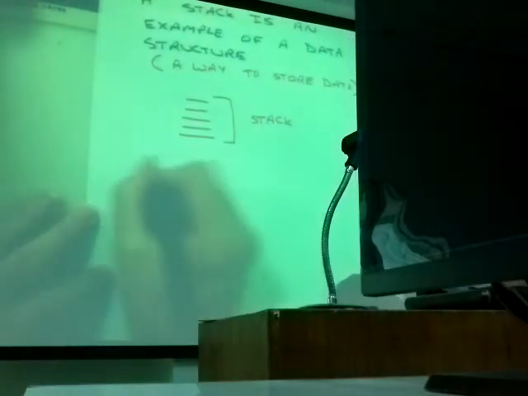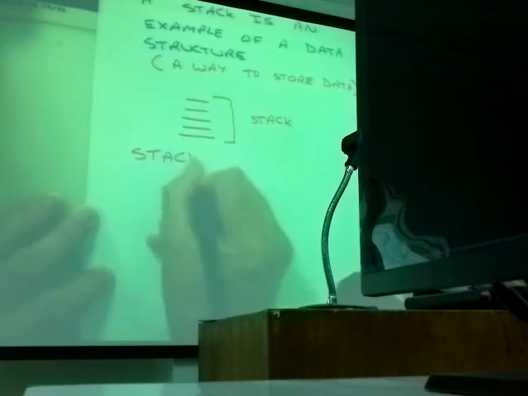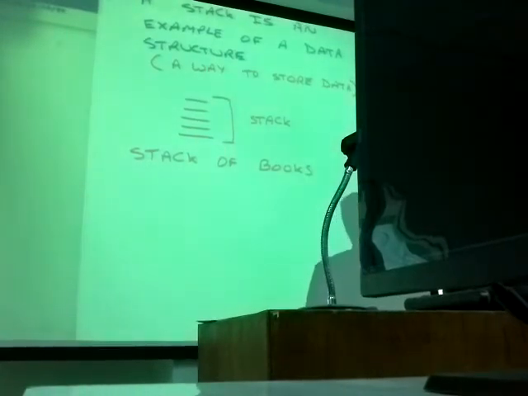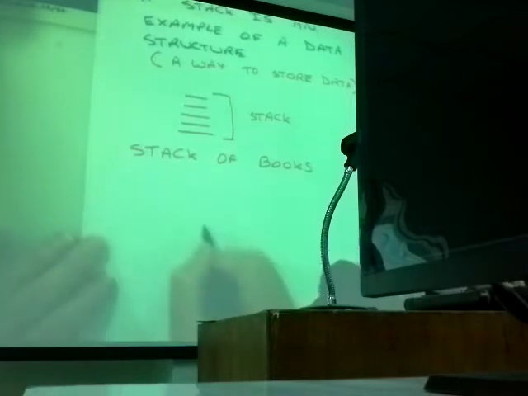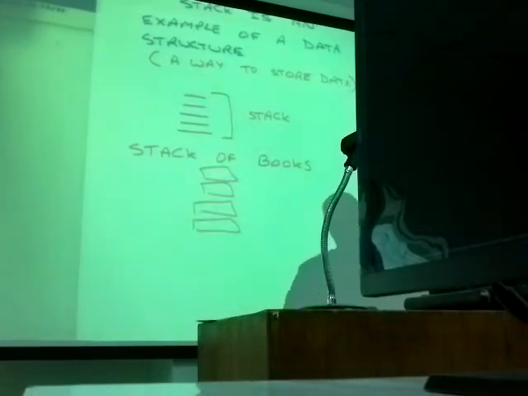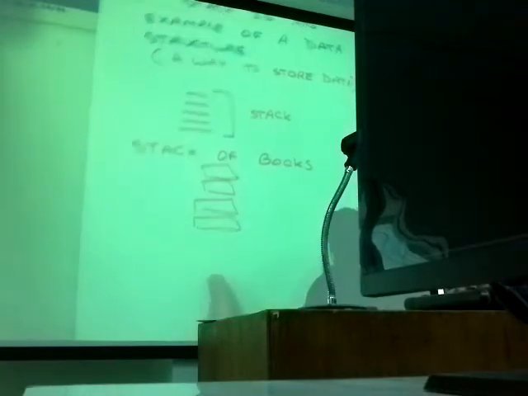We could say, for example, stack of books. Stack of books means that we have one book, and then another book, and another book, another book. This is a stack of books. Do you understand?